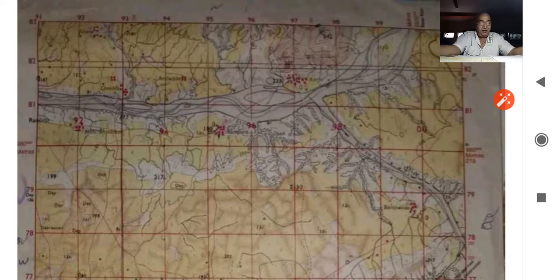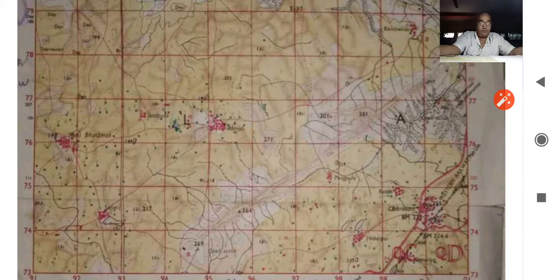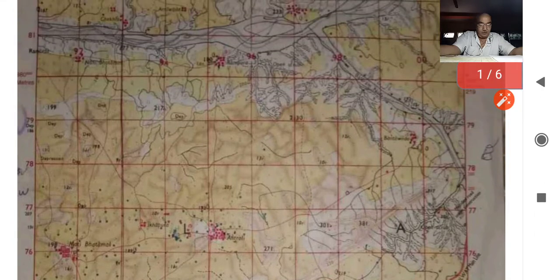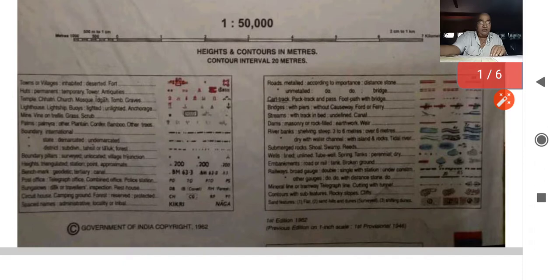In between you can see the green color also. Green color on the topo sheet stands for forest. I will write later in the box. Green color is for forest or vegetation.